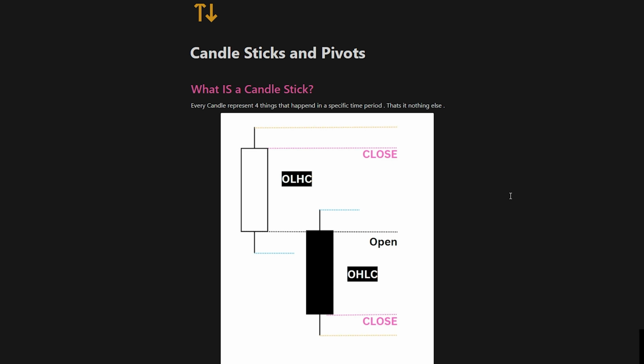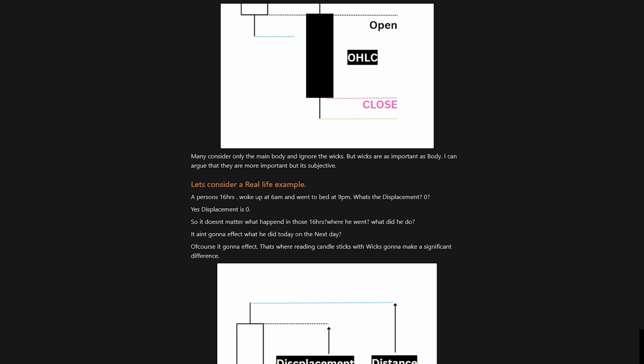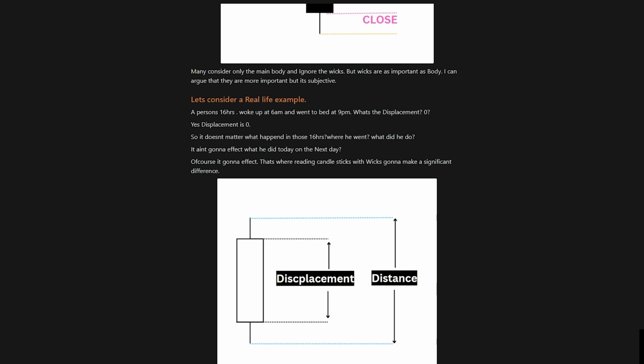I think everyone must be familiar with this easy, simple part. Now we'll make it a bit complicated, and before that, let's understand how to read a candlestick properly. There's a myth, or a saying, that many consider only the main body of the candle and ignore the wicks, but the wicks are as important as the body, and I can argue that they are more important than the body itself.